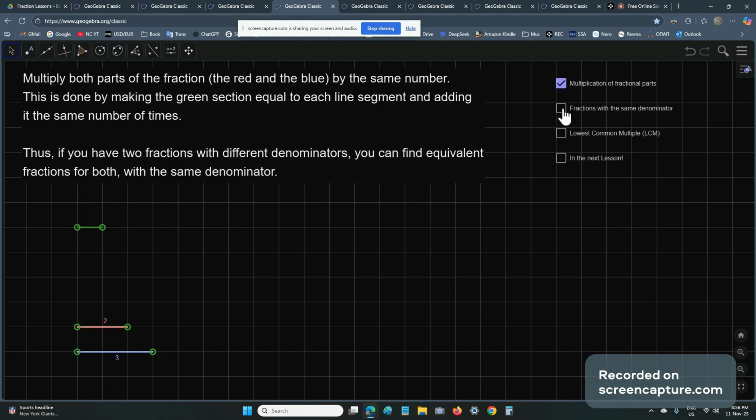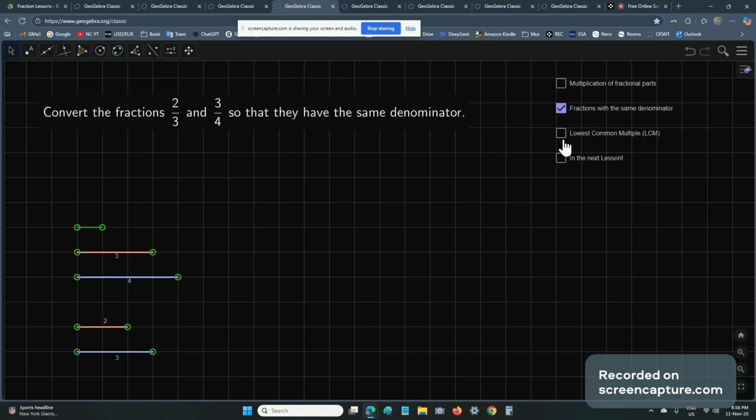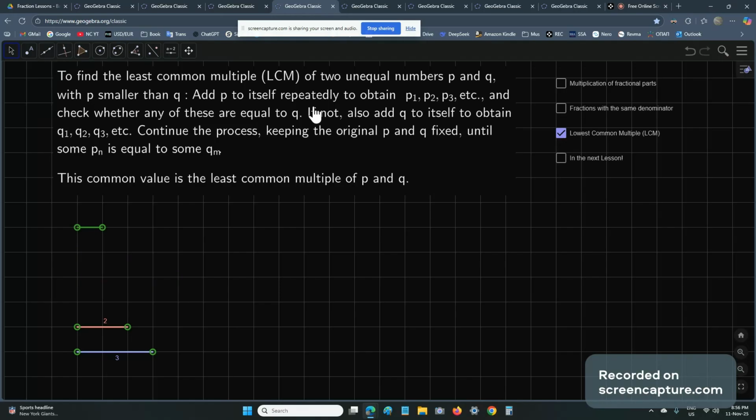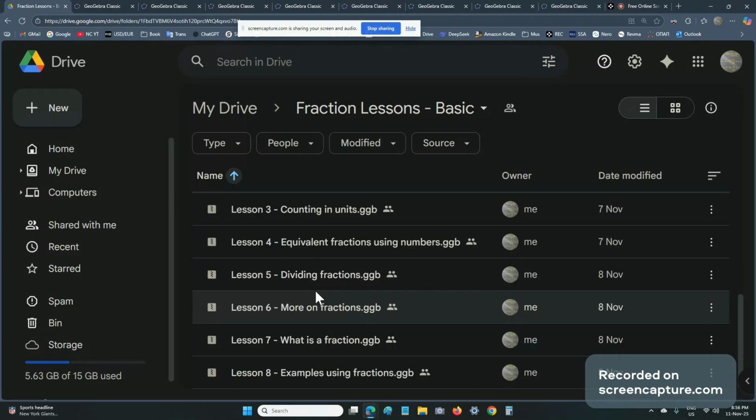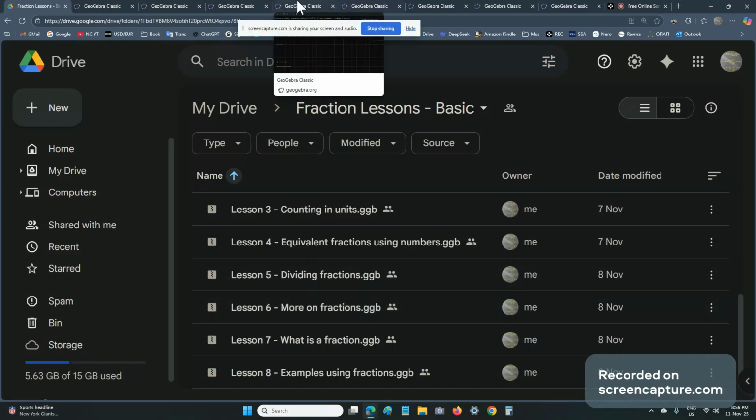And so here we begin to show how to do these things. See, using fractions with the same denominator, and then introducing the lowest common multiple, and then finally in the next lesson, which is this one here, and that happens to be lesson 5, we'll be doing dividing fractions. Okay, 1, 2, 3, 4, 5.